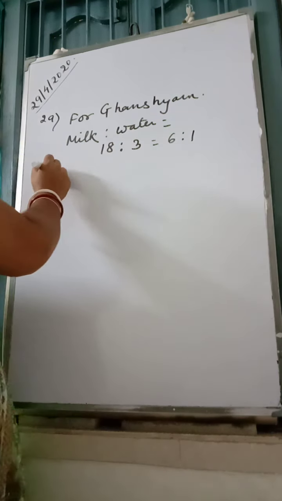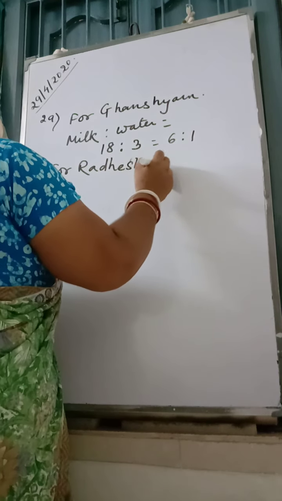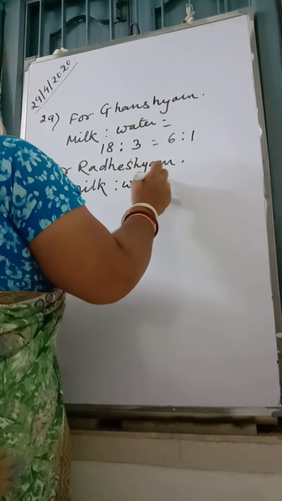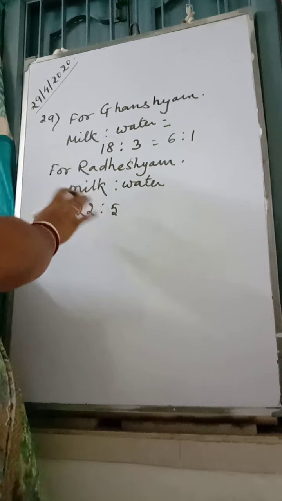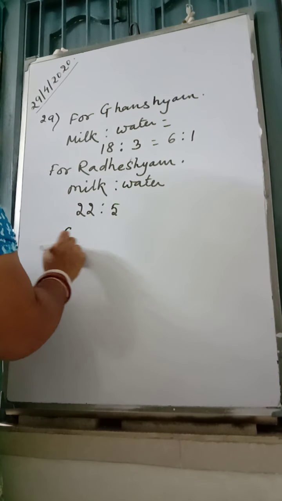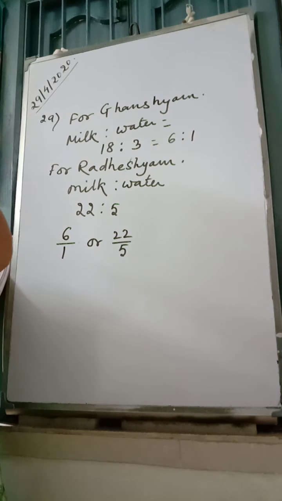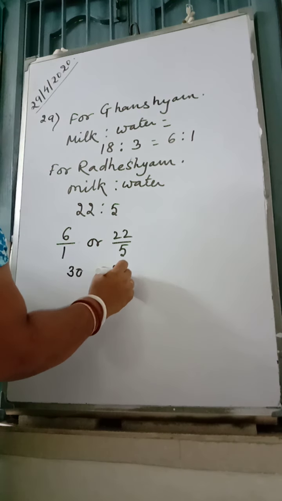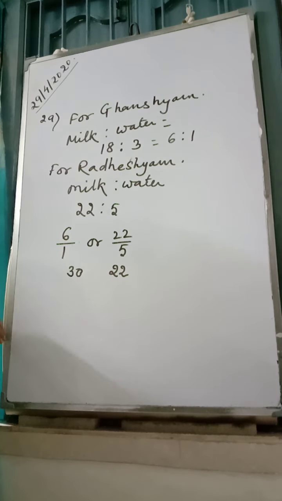And for Radheshyam, milk to water is 22 liter milk and 5 liters water. So we cannot reduce it, let it be. Now you have to compare 6:1 or 22:5. What is greater? 6 5s are 30, 22 1s are 22. Is it?